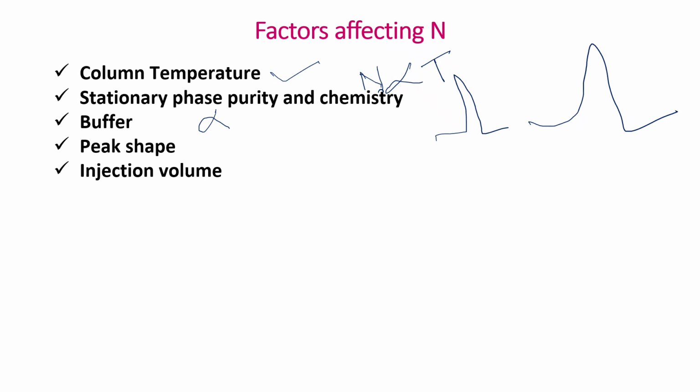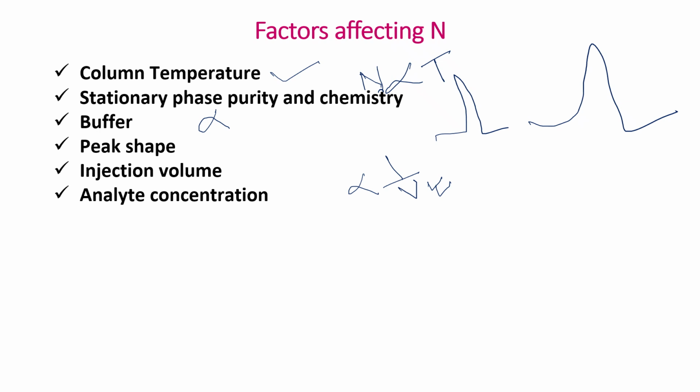When you decrease the injection volume, in that case theoretical plate will increase. Analyte concentration. Theoretical plate is inversely proportional to analyte concentration. When you increase the analyte concentration, in that case theoretical plate will decrease.